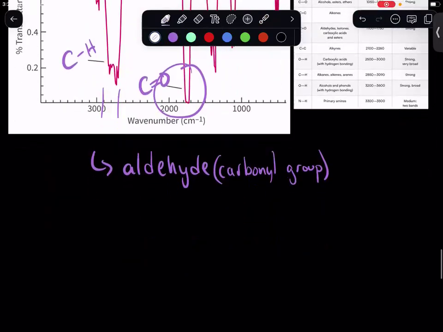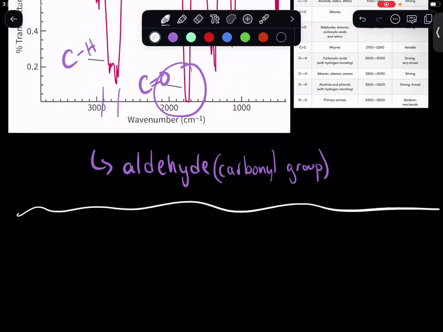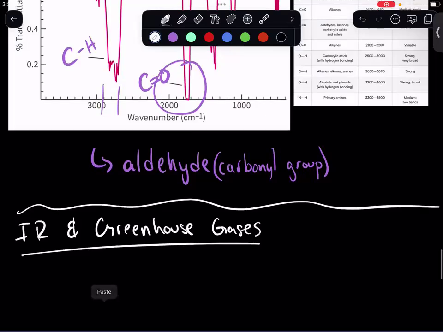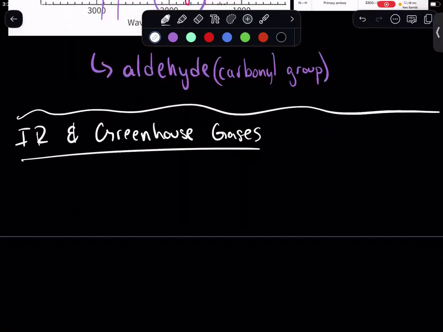With all this said, let's move a little bit into IR and greenhouse gases. All right. So, what is a greenhouse gas? Hopefully, you have some idea of what they are, being a DP chemistry student, just knowing a little bit about the world.